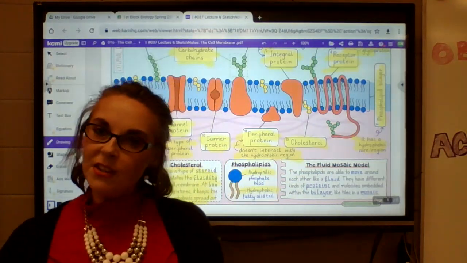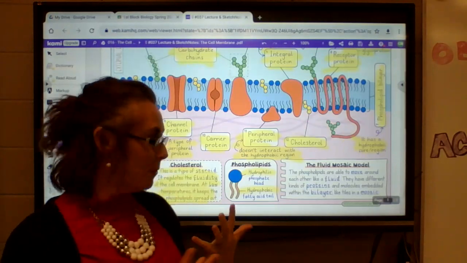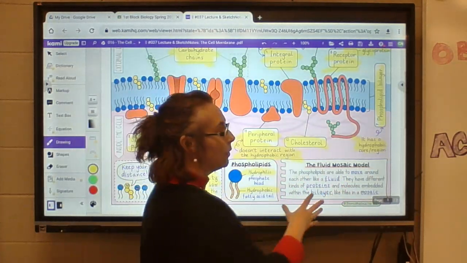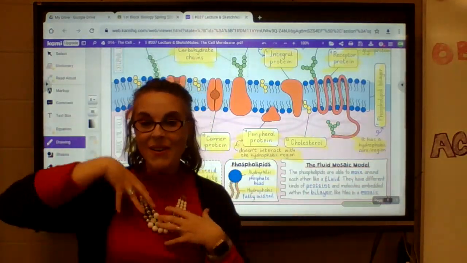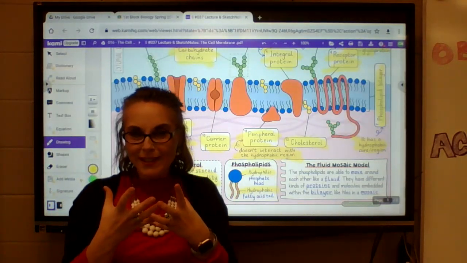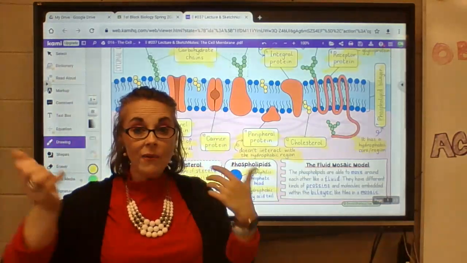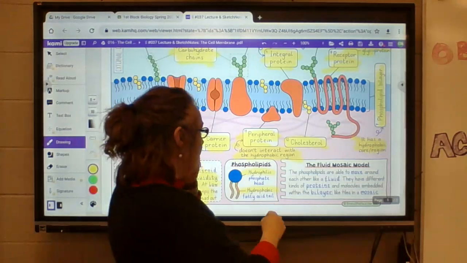Okay, so essentially that is just explaining the fact that it is fluid. It says phospholipids are able to move around each other like a fluid, because an animal moves. I'm an animal and I'm moving right now, and the way that I move all kind of sort of boils down to my cell membranes, and the fact that my cell membranes are allowing all of that movement because they are by nature fluid.